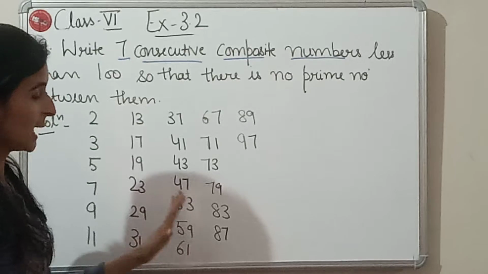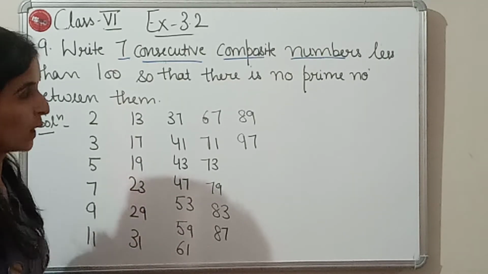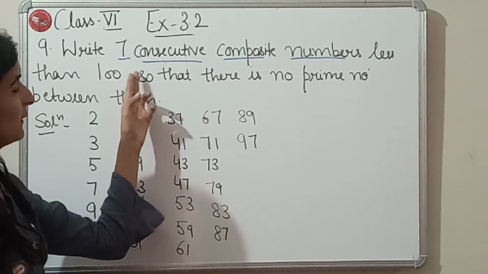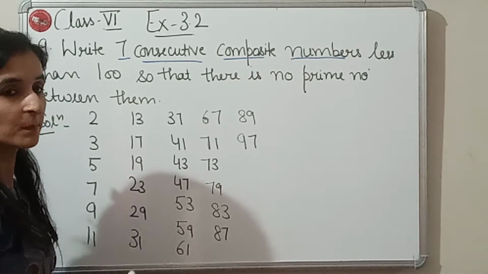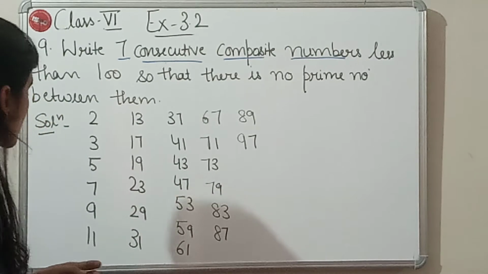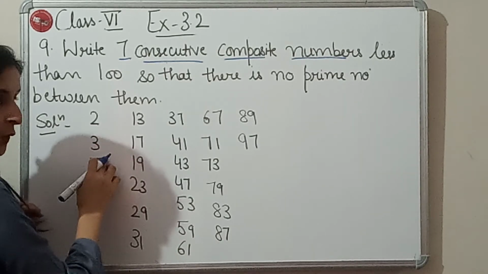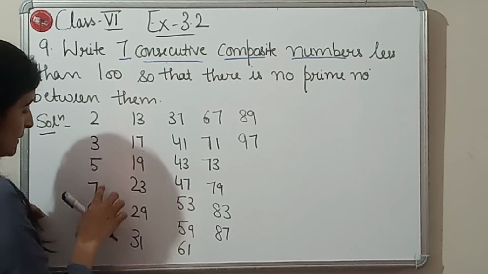So firstly I have written all the prime numbers less than 100. Now we have to check where can we find the 7 consecutive composite numbers here between these prime numbers. So let us check 2, 3, 5. After 3 there is 4. So there is only one composite number. 5, 7.